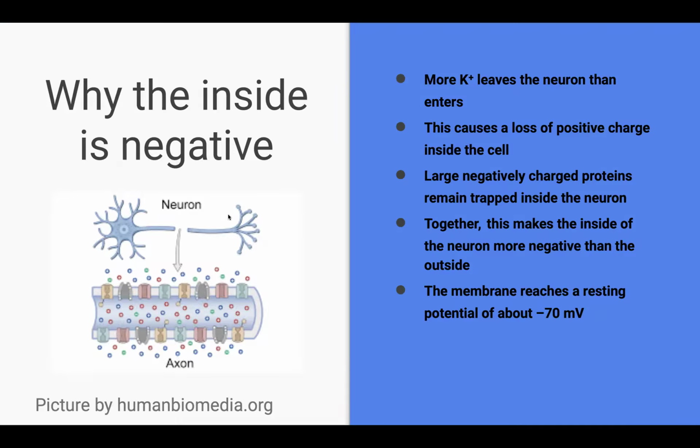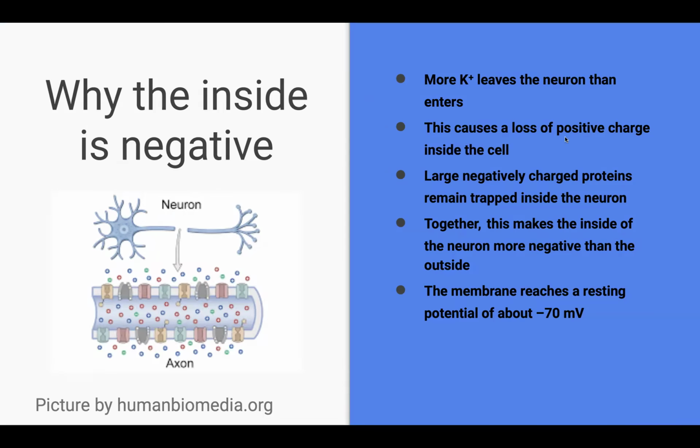And as you can see here, in the neuron, the resting membrane potential always happens inside the axon. So more potassium leaves the neuron than it enters. This causes the loss of positive charge inside the cell because, as I talked about before, potassium is positively charged.